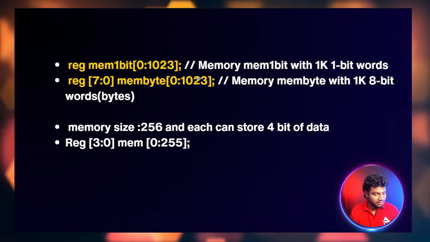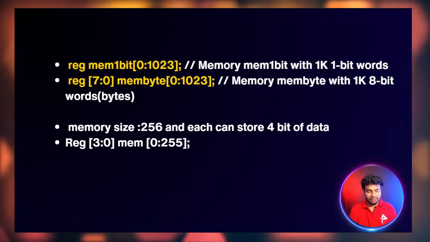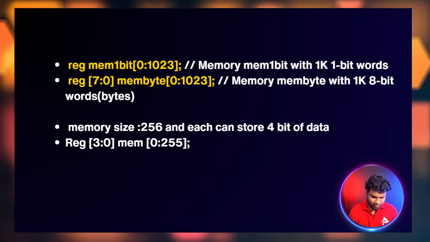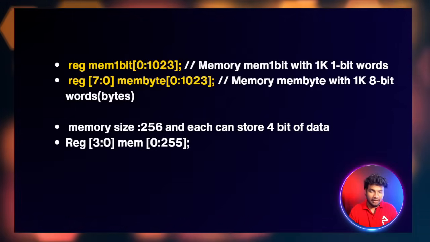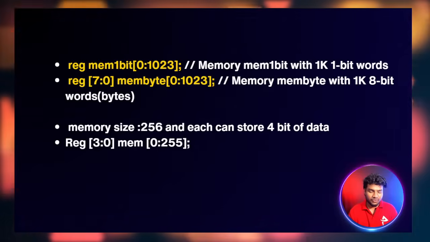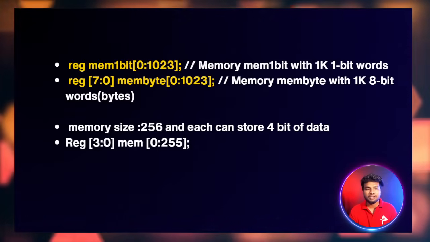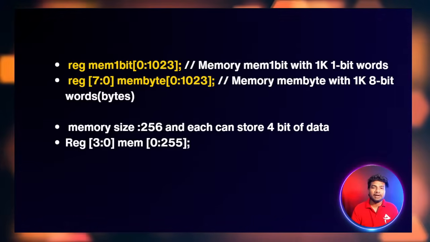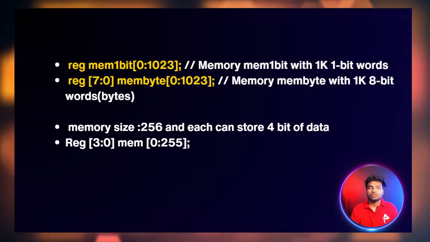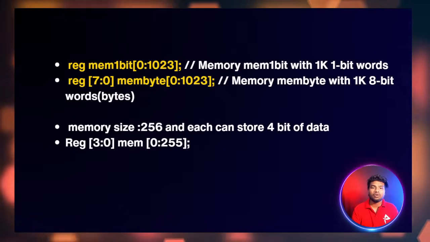So Pradeep Reddy asked for the difference between x and z. x means unknown value, it may be 0 or 1, but z means high impedance, floating.